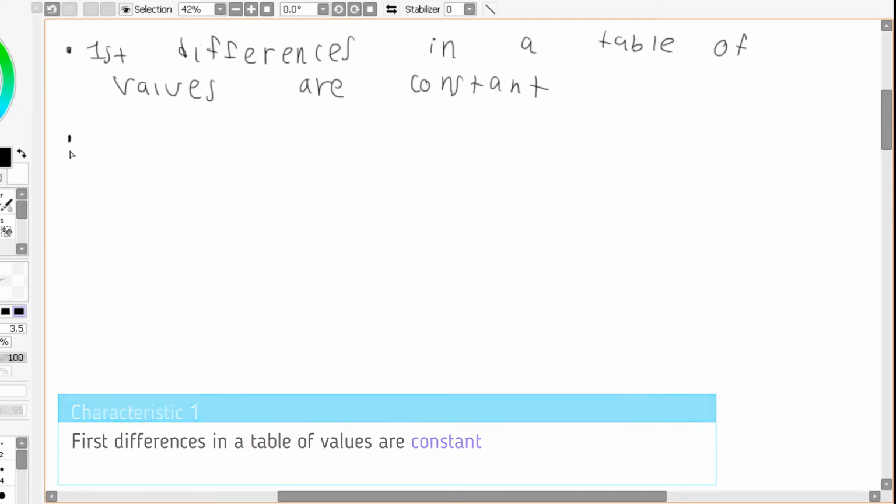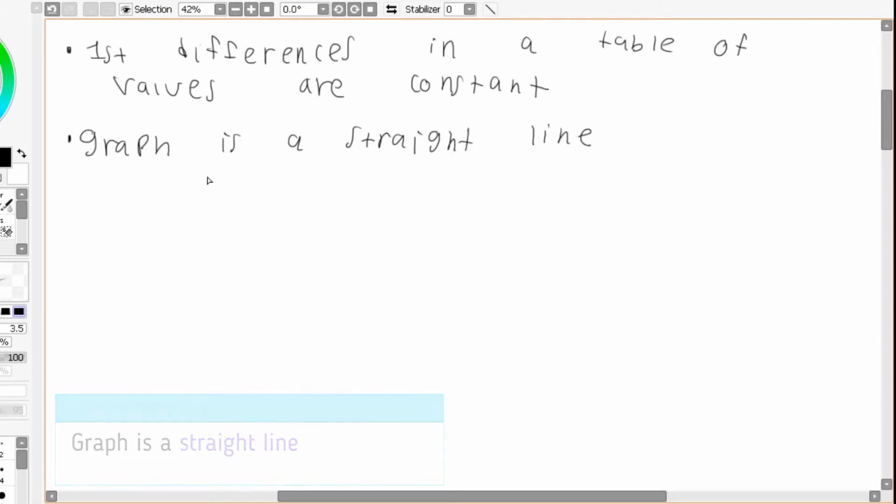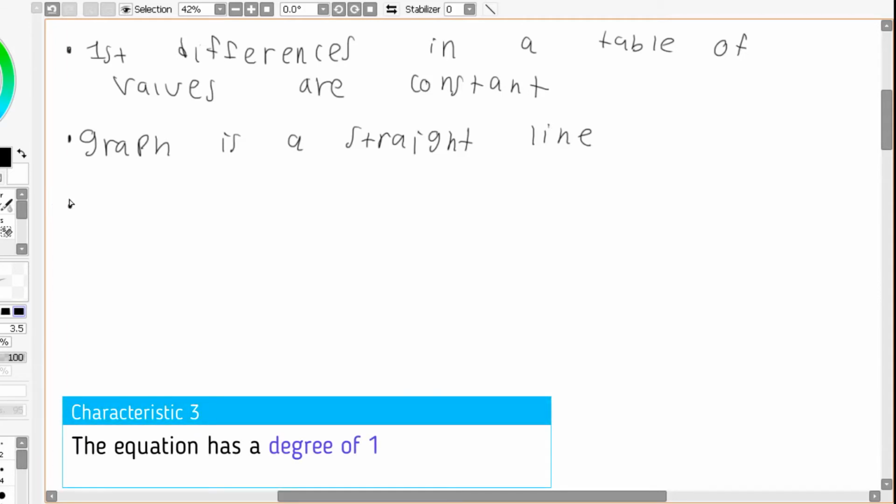The other characteristic is that the graph is a straight line. And the third characteristic is that the equation has a degree of 1.